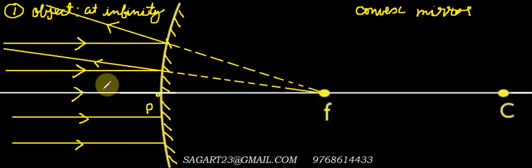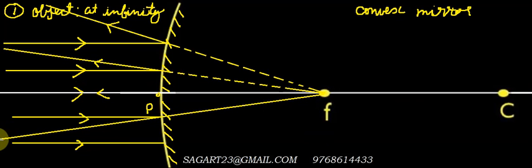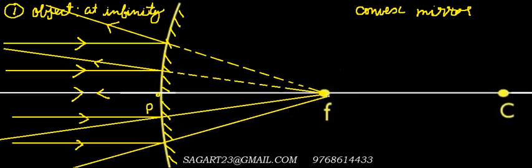On reflection it will go back like this, and for these two rays the rays are reflected this way. This is for the second one. Now again we make them dotted.